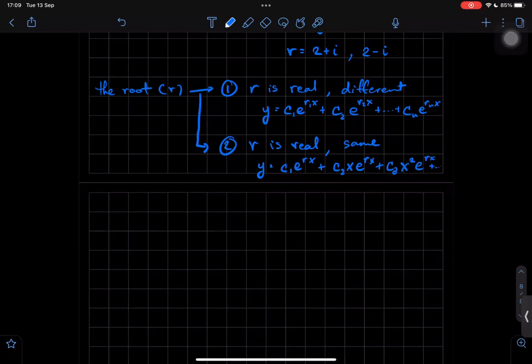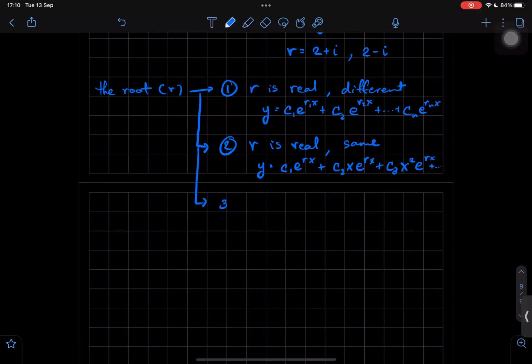It depends on how many same r. If it has only 2, then you will have only these 2. If it has 3, you have to include another one. If it's 4, then you just keep repeating this process.